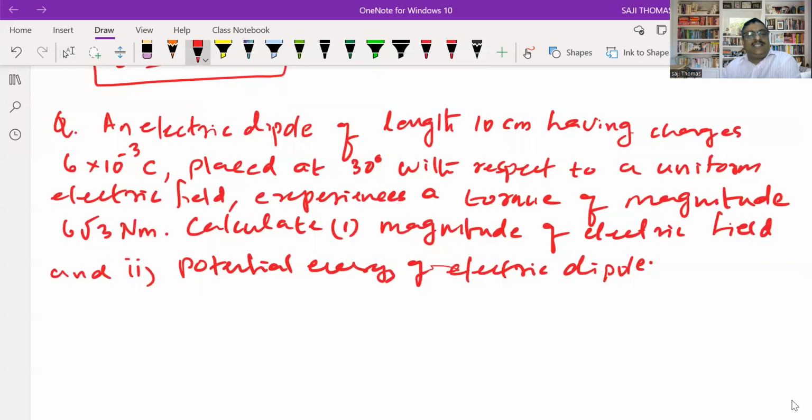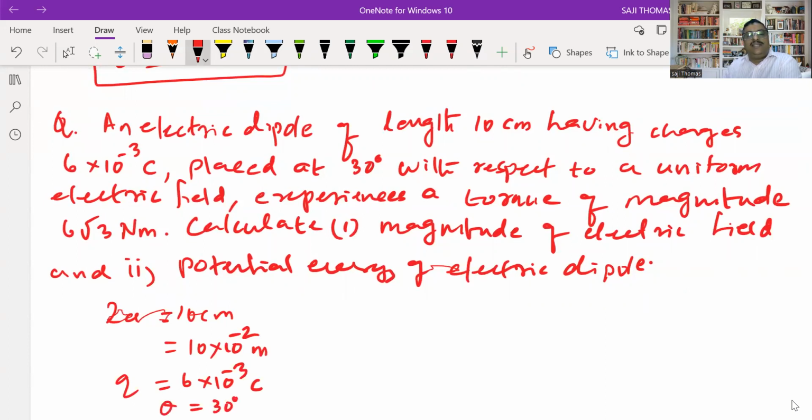So dipole length is given, so 2A is 10 centimeter. You have to convert it into meter: 10 into 10 raised to minus 2 meter. What else is given? Charge is given, 6 into 10 raised to minus 3 coulomb. Placed at 30 degree. Theta is 30 degree.